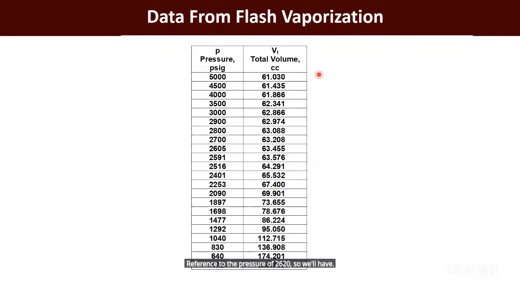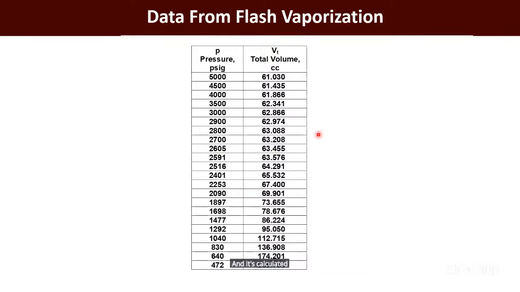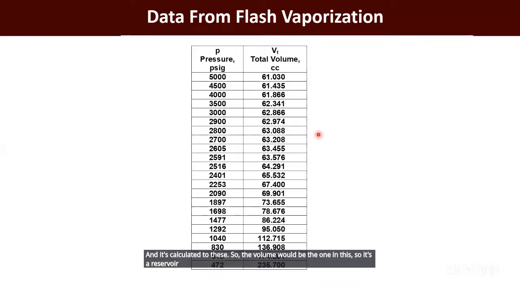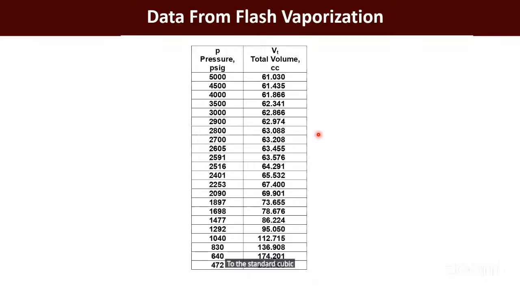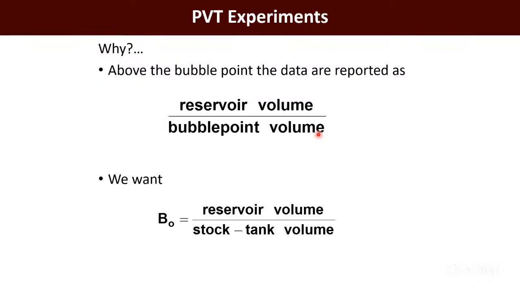So the function called relative volume is calculated to this depth, and the volume will be divided by it. So it's reservoir volume by the bubble point volume. But I need the definition of beta O, which is the reservoir volume to the standard cubic feet volume. So we should correct these values.